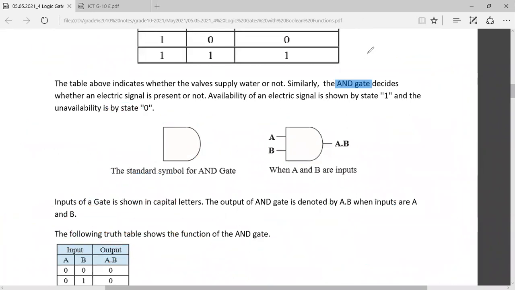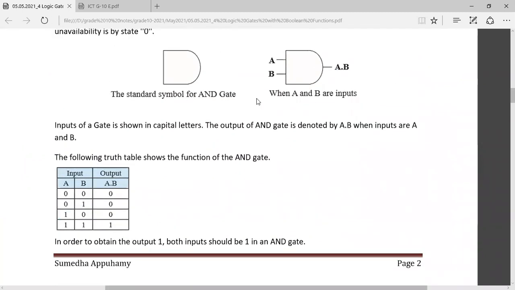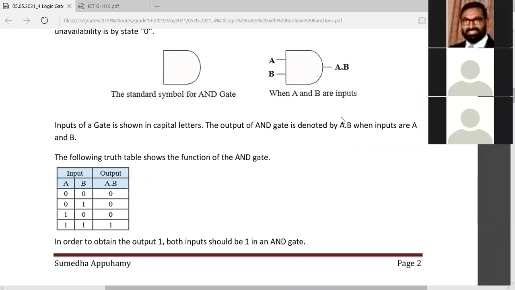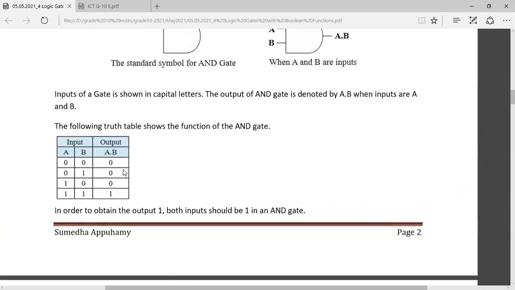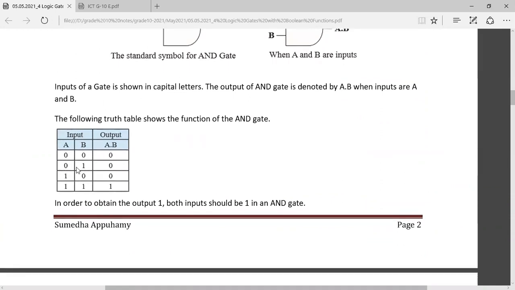Right. Now here they have given how the AND gate is working. Input of the gate is shown in capital letters. The output of the AND gate is denoted by AB. And when inputs are A and B, so they have given something like this.